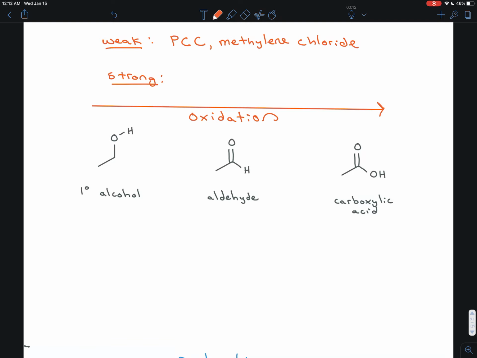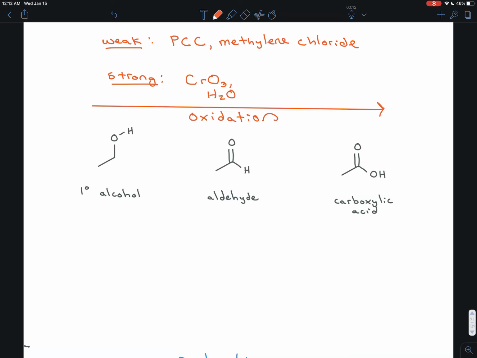Now, there's only one strong oxidizing agent that we're going to cover here, but there are multiple ways of writing it. So notice there's chromium in each of these. These are all going to be the same thing, even though they're being written in a different way. And I'll show you how these can interconvert in a future video. But one is chromium trioxide in the presence of water. That's one way of writing the strong oxidizing agent.